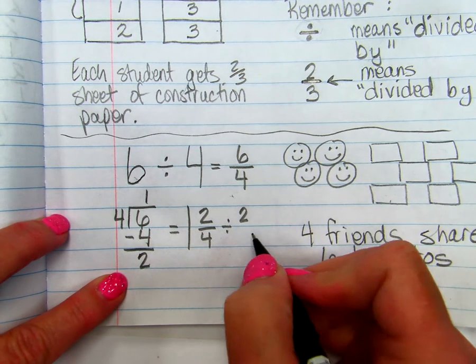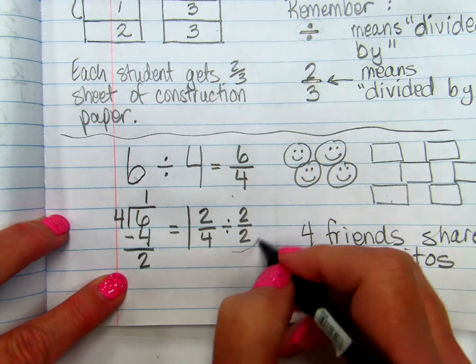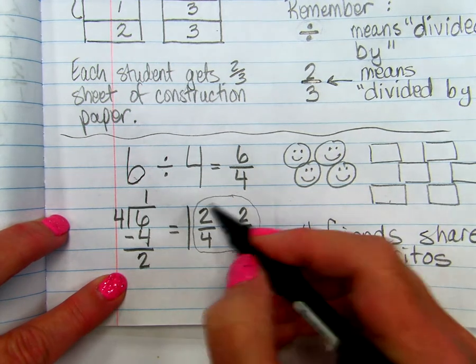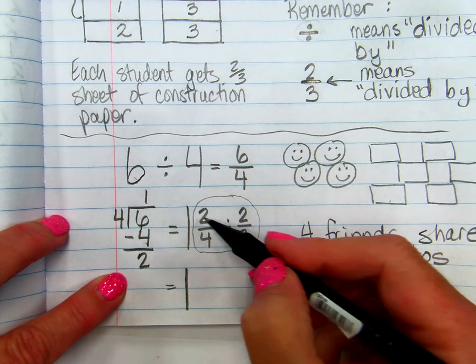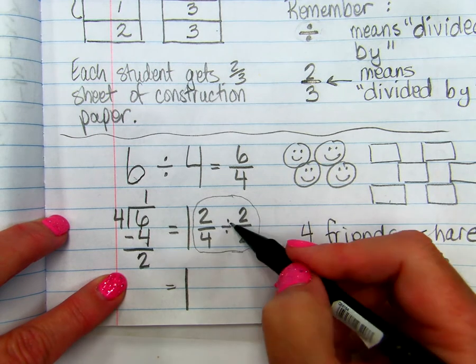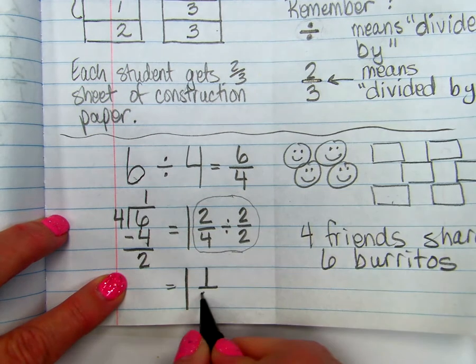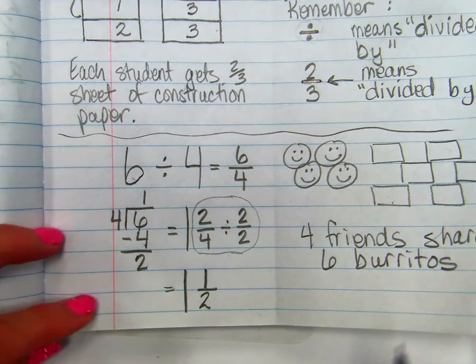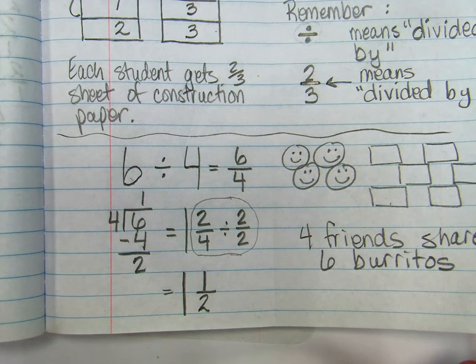Divide by the greatest common factor. So that equals 1 and, go back to my fraction, 2 divided by 2 is 1. 4 divided by 2 is 2. 1 1/2. So the friends each get 1 1/2 burrito.